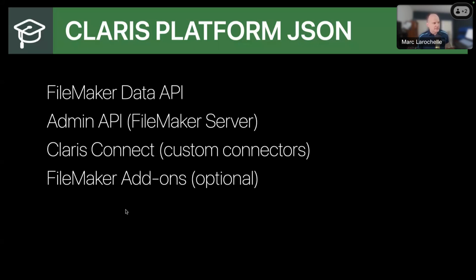FileMaker add-ons, which we've seen. If you're going to make an add-on or work with an add-on, especially one that works with JavaScript and the web viewer, then those will most likely be using JSON. And most other options that people use JSON for is when we're logging things and archiving things.